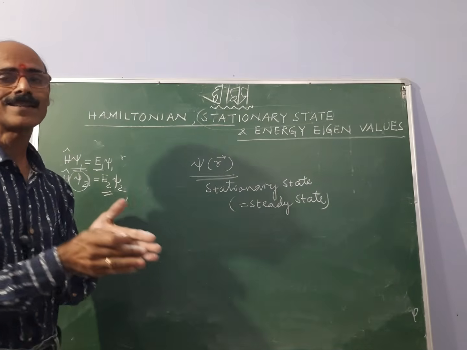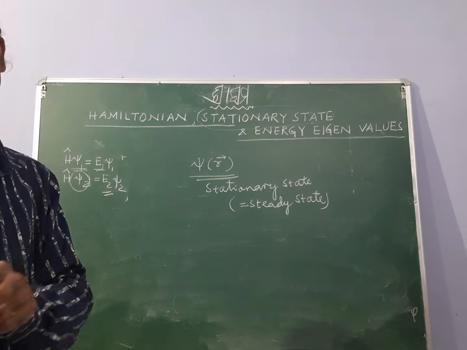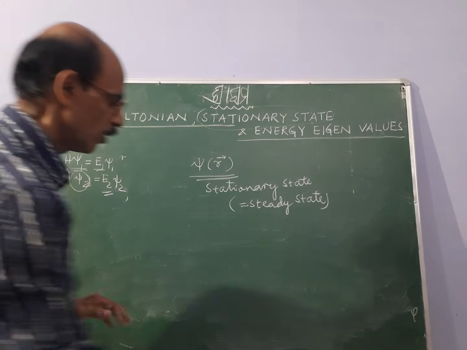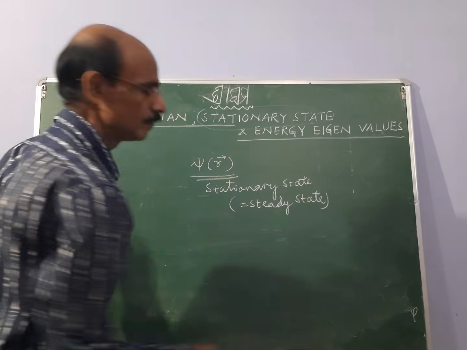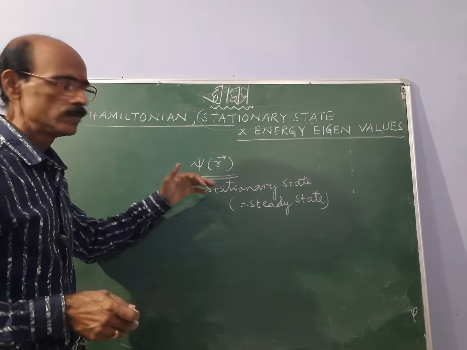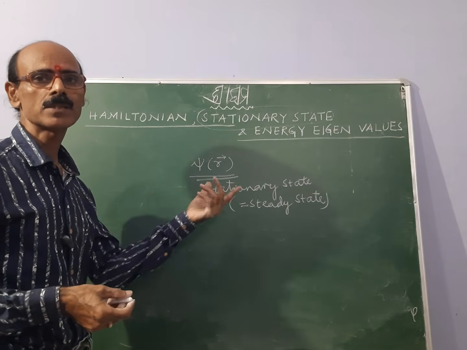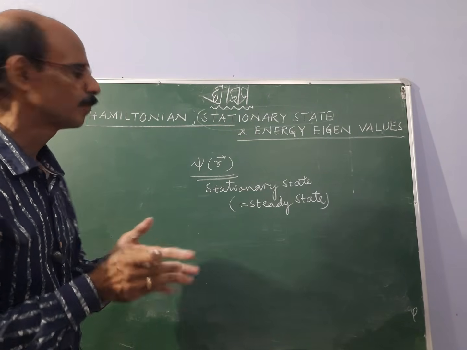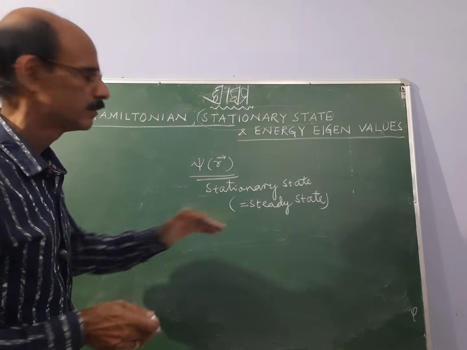This time independent Schrödinger equation is also known as the stationary state Schrödinger equation or steady state Schrödinger equation. Why? Actually, sometimes we misinterpret stationary state to mean the particle is motionless. That doesn't mean the particle is motionless. It has some other meaning. I will tell later on.